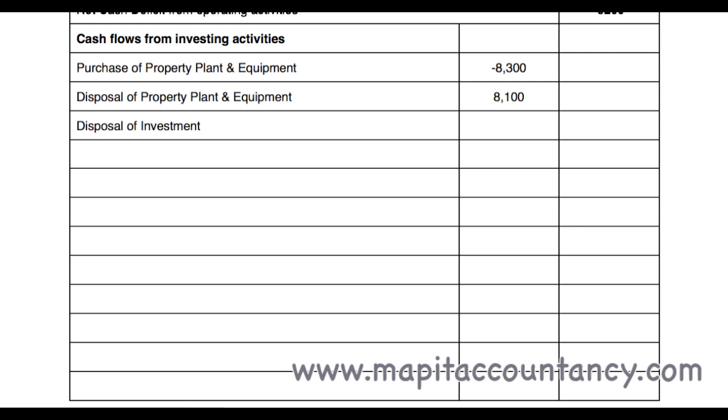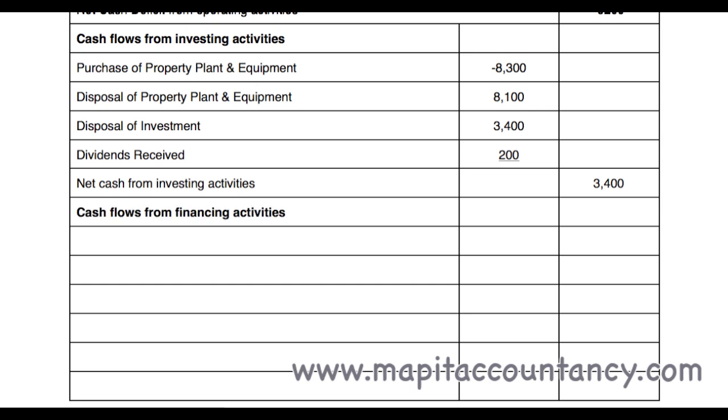Remember, we also disposed of that financial investment, so we disposed of that and got 3.4 million, so that's cash in as well. Also, looking at the table for our investment income, we received some dividends. We received dividends in the year of 200. So dividends received 200. That gives us our net cash from investing activities of 3,400.